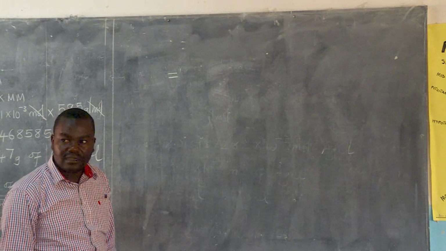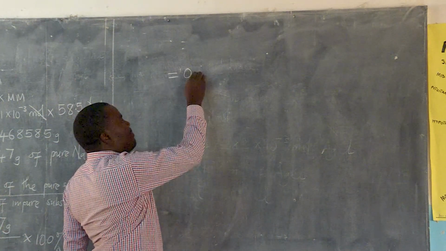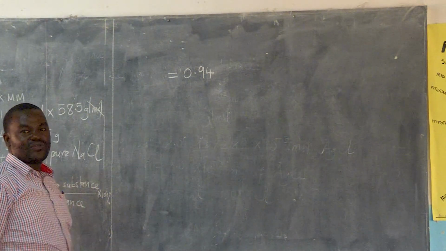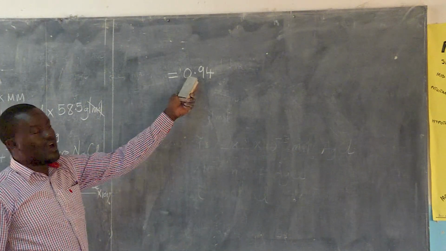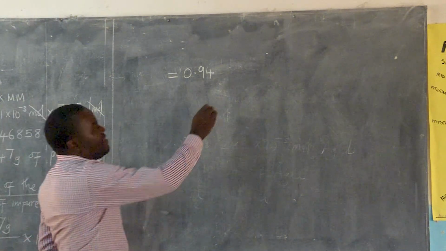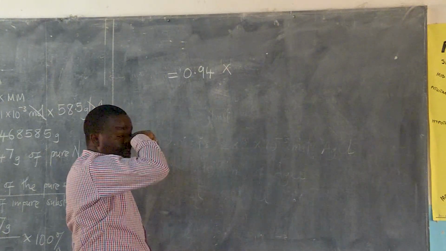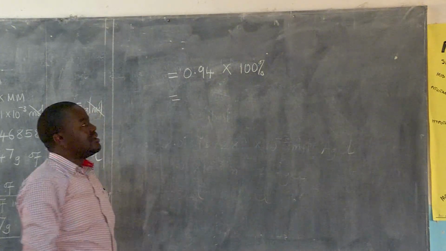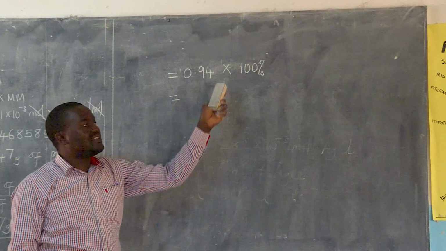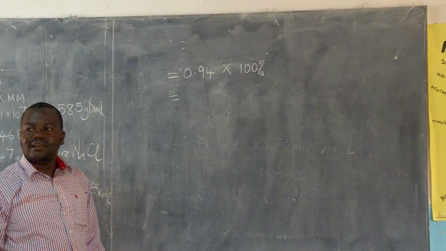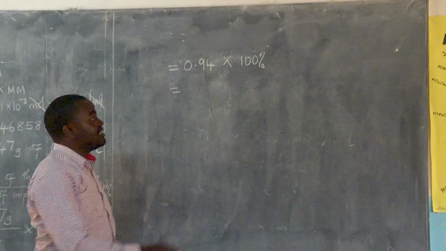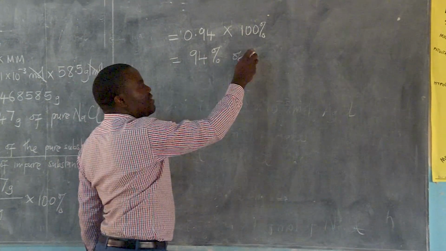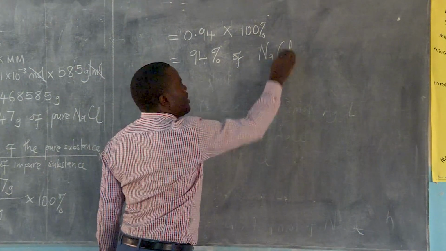It is giving us 0.94. Mind you, this one has got no units. Then we multiply it by 100%. So what is 0.94 times 100%? 94% of sodium chloride.